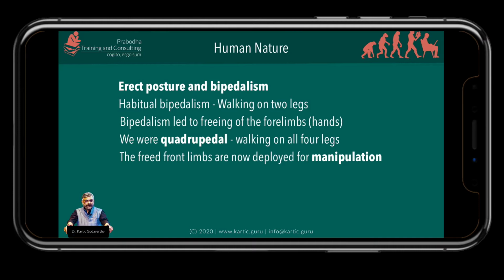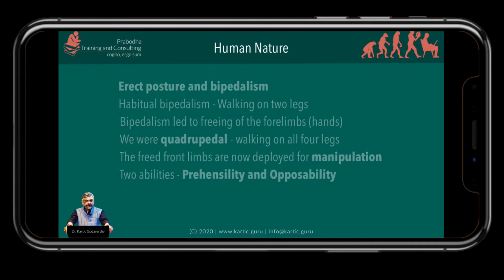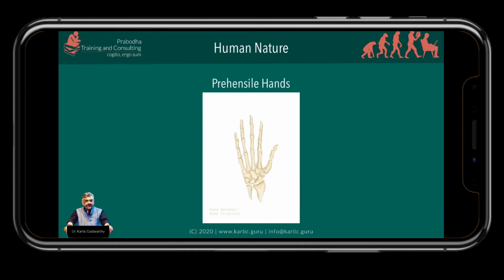In the process of developing the ability to manipulate objects, we developed two very unique aspects of human biology: prehensility and opposability. The first one, we developed an ability to move our fingers. This ability to use all the fingers in unison is called prehensility. We can make use of our hand the way we want.